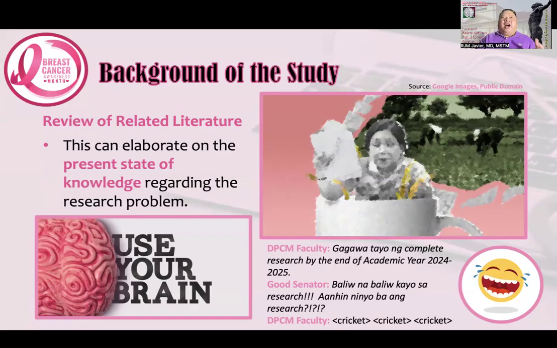We don't want a hodgepodge of various journals, put them all together, and then present it like a word salad. We don't want that. We want papers that would synthesize data from one research to the other. And how do all of these data or all of these information further develop the topic of interest? And this is where your literature would come in.